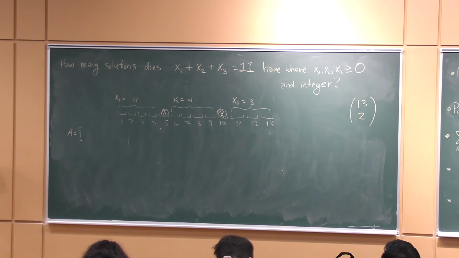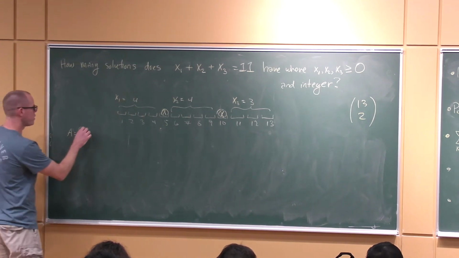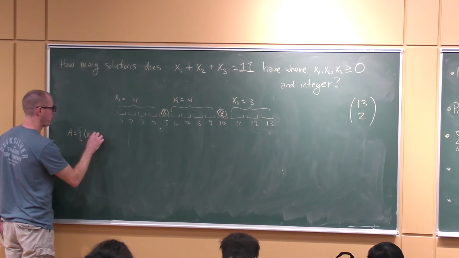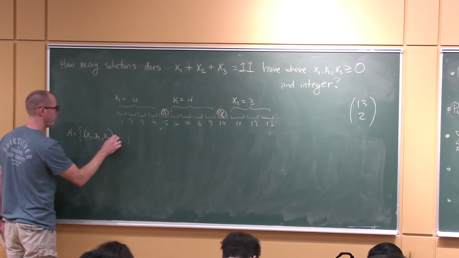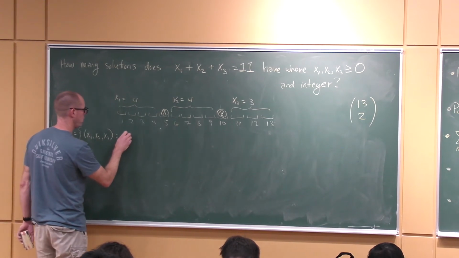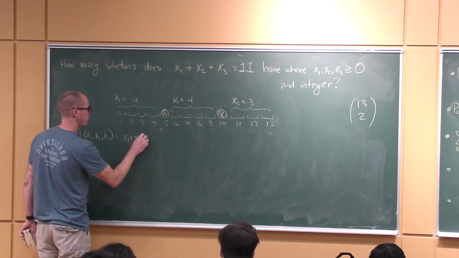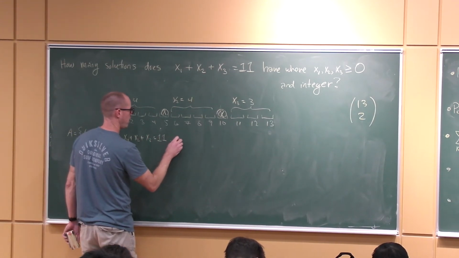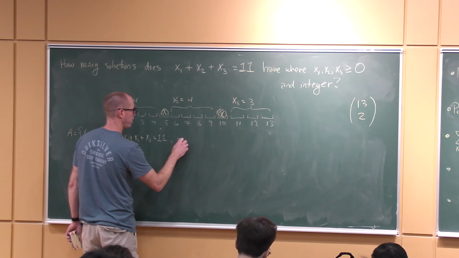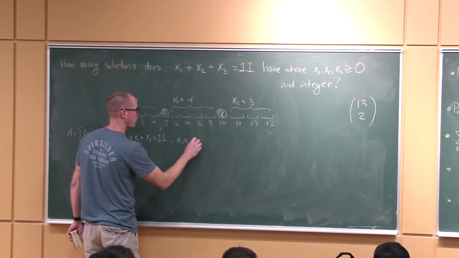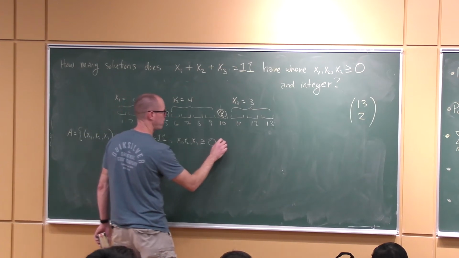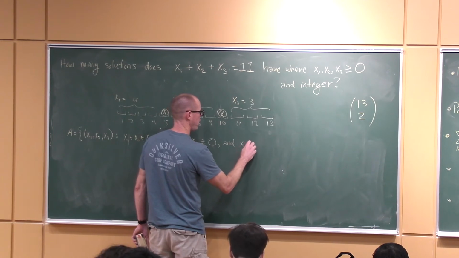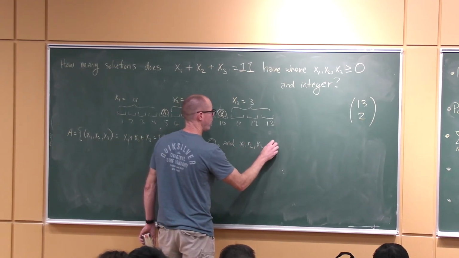So this is a bijection proof. So A is the set of triples x1, x2, x3, such that x1 plus x2 plus x3 equals 11. x1, x2, and x3 are bigger than or equal to 0, and x1, x2, x3 are integers.